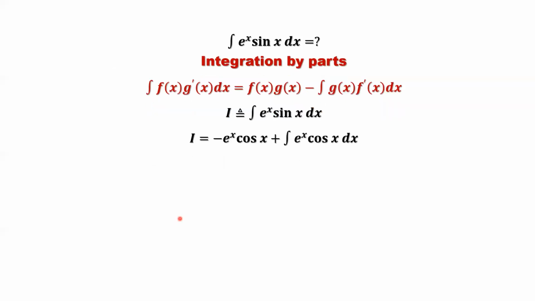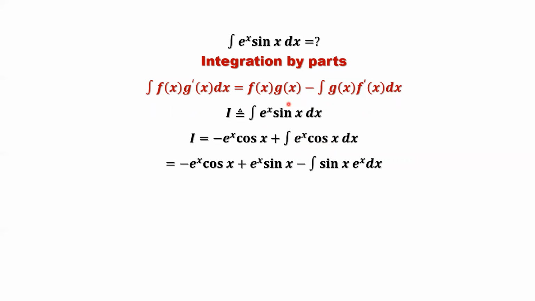Here, we can apply the formula of integration by parts again to the last part. We consider e to the power x as f, cosine x as g prime. So what is g? G is the antiderivative of cosine, which is sine of x. Use this formula.